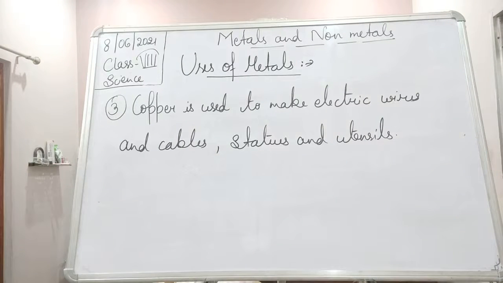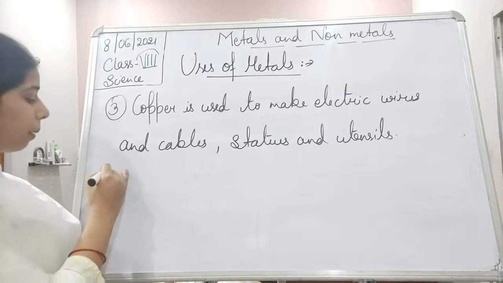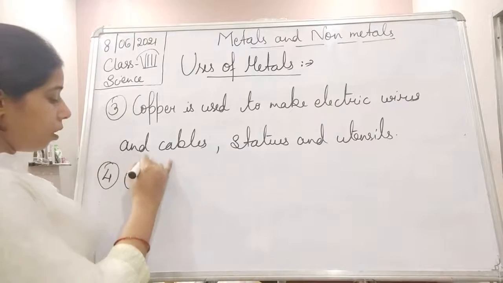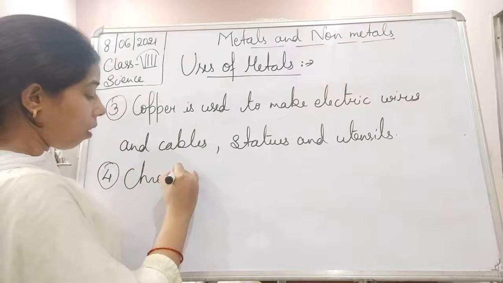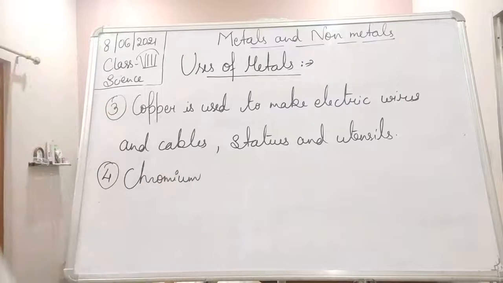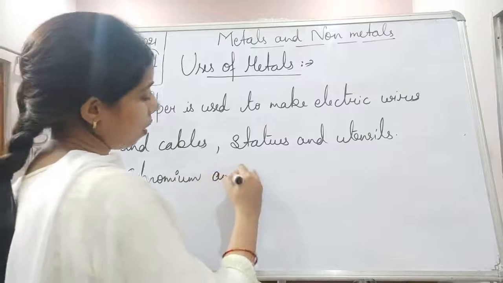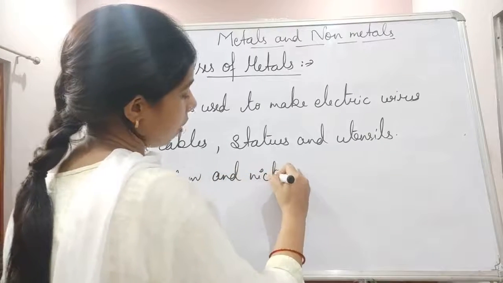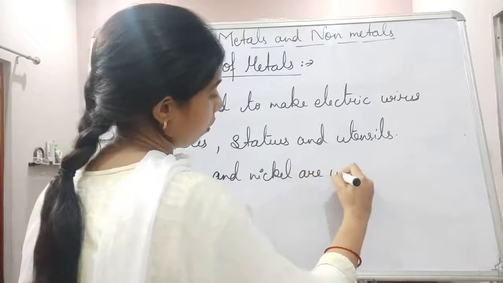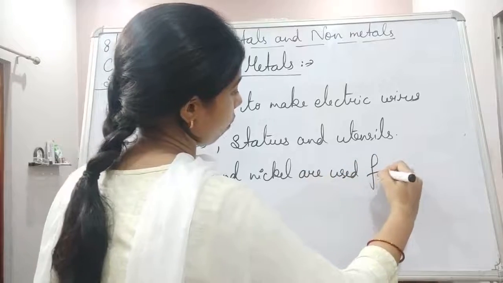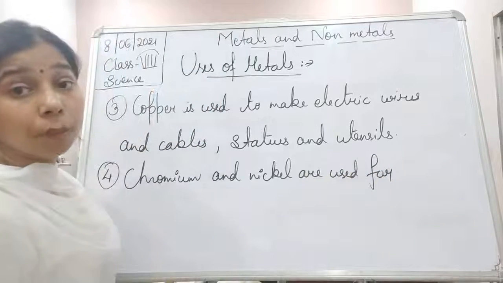Let us see the next one, and that is chromium and nickel. Chromium and nickel are used for electroplating.